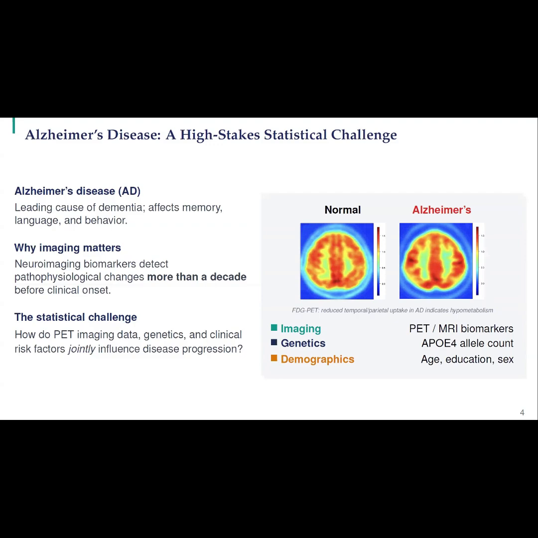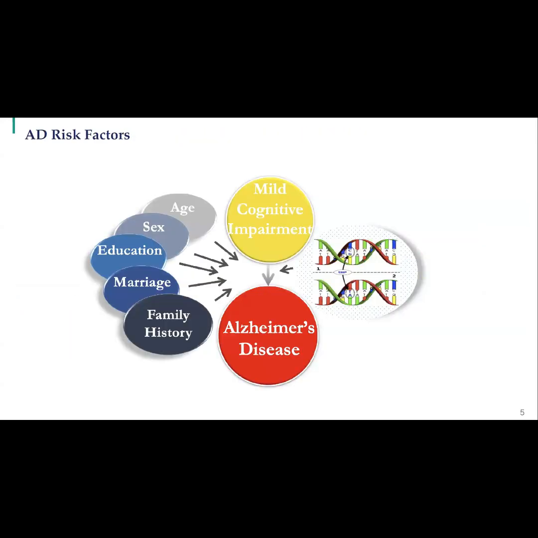So the statistical challenge is how do we combine image data, for example, with other tabular type data such as genetics and clinical risk factors to jointly understand what's going on with this disease, among other reasons, which hopefully will become apparent as we proceed. The risk factors for Alzheimer's disease are many.